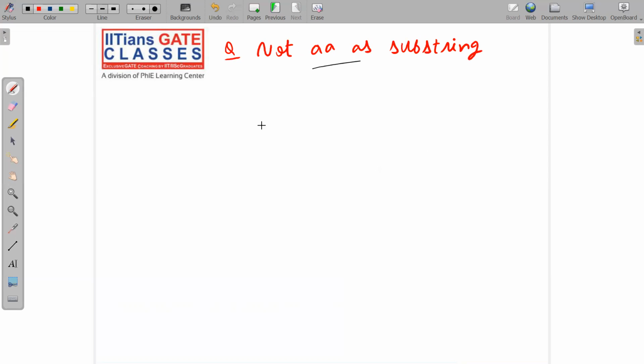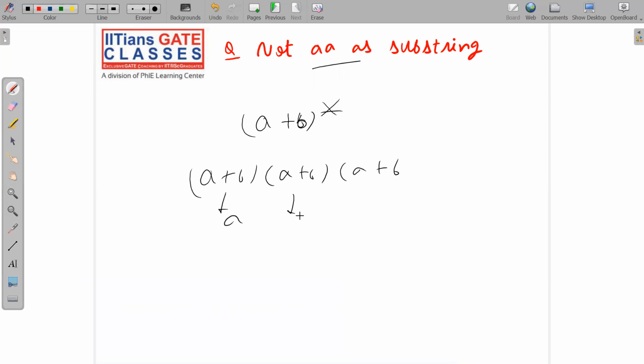If you write A plus B whole star, then obviously this is wrong. Now you can easily get double A, triple A, 4 A's, and so on. If you want triple A, you will say A plus B, A plus B, A plus B: pick A here, pick A here, pick A here. So you will get triple A. But I have said not double A as substring, so no two A's can come side by side. So obviously I will write like this: AB plus B whole star.